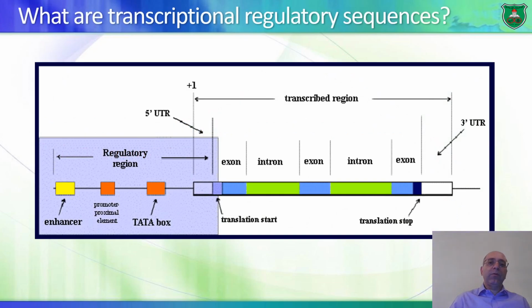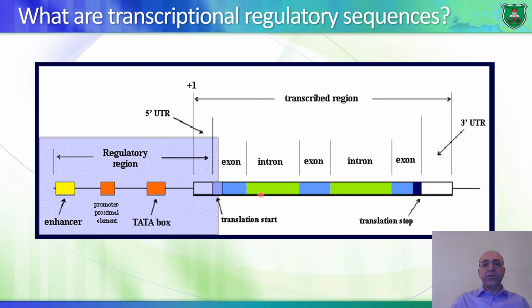If you remember, we have a eukaryotic gene, and this eukaryotic gene has the transcription start site, right? So this is the +1 site, and then we have transcription of exons and introns, and processing or splicing of messenger RNA into the mature messenger RNA.